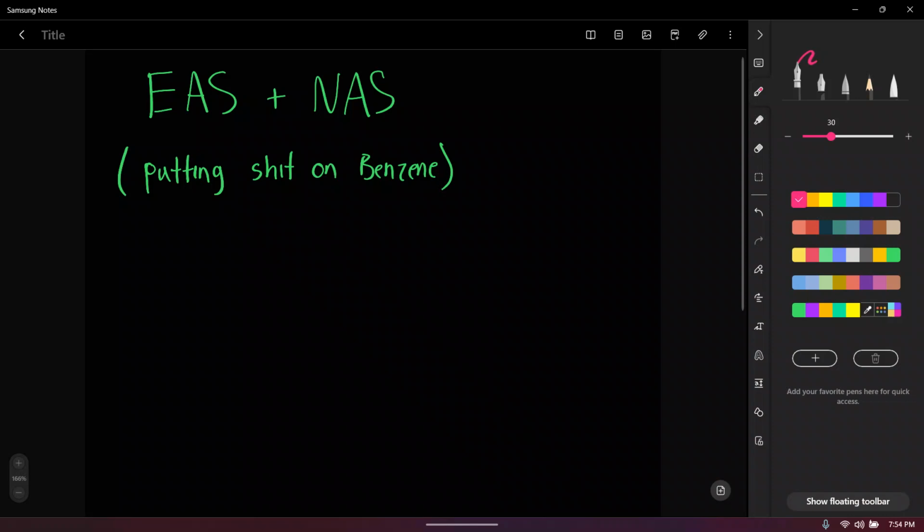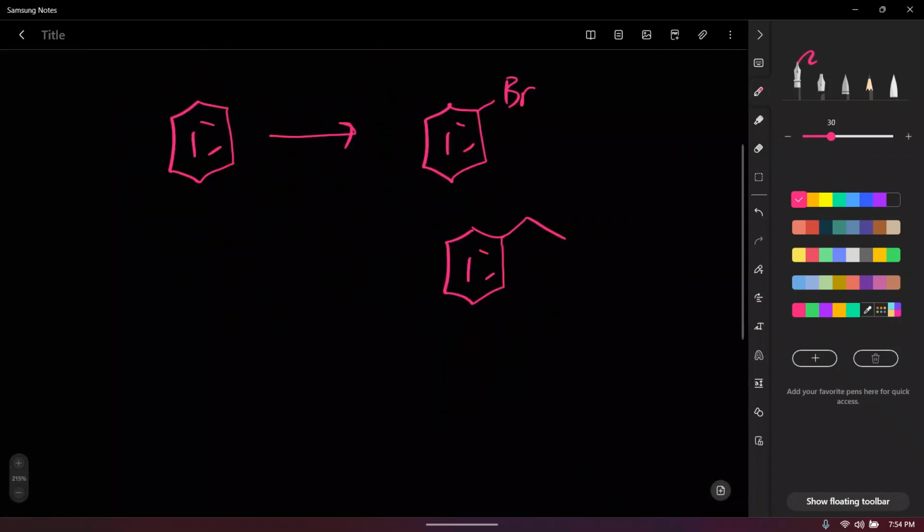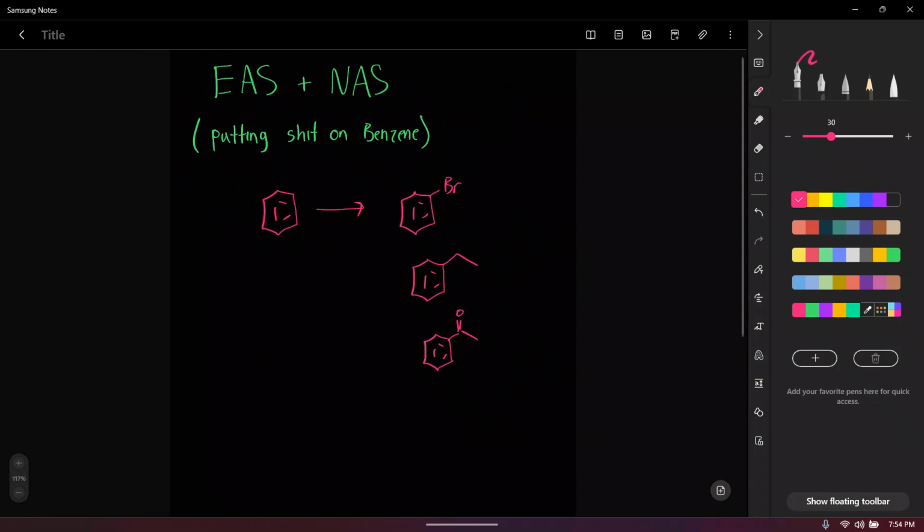So, for example, if I have a molecule of benzene and I want to turn that molecule into bromobenzene, or maybe I want to turn it into ethyl benzene, or maybe acetyl benzene, we're going to learn how to do all of these manipulations.